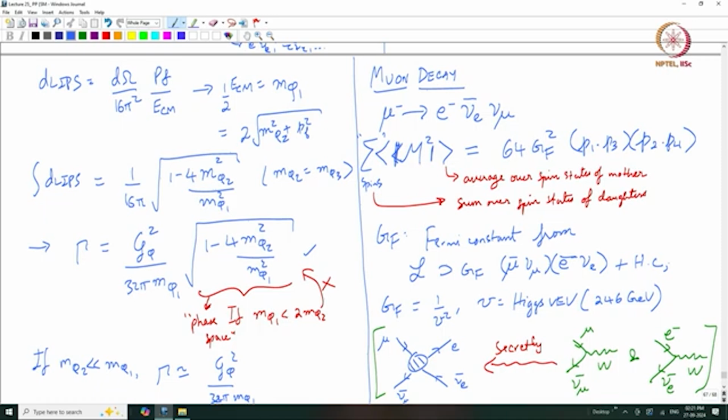Okay, if the sum of the final state masses is close to the initial state, then you are not going to have decay.